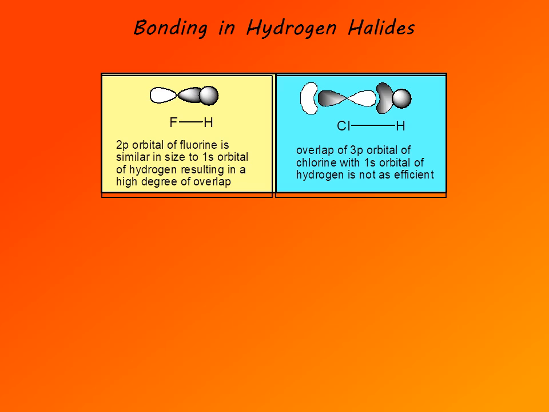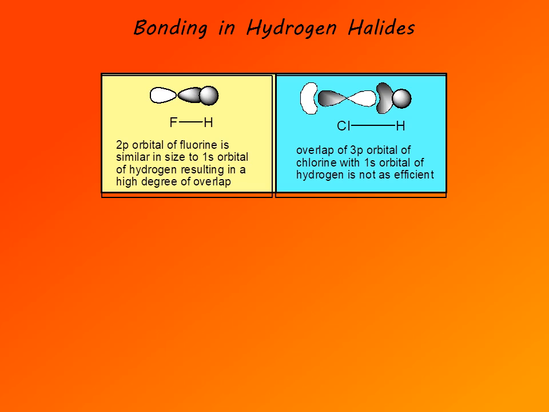Now next, when we consider chlorine, we can see that 3p orbital of chlorine is much larger and appears rather differently. Each what you would consider lobe on each side actually is split into 2 slices, 2 lobes that have opposite phases. So first there is size mismatch. 3p orbital of chlorine is much larger compared to 1s orbital of hydrogen, so orbital overlap is less efficient. And in turn also the part of the orbital that points towards 1s orbital of hydrogen that can overlap with it has 2 phases.